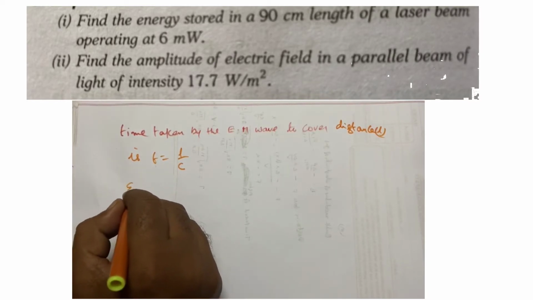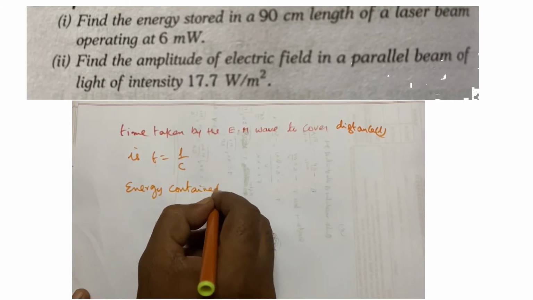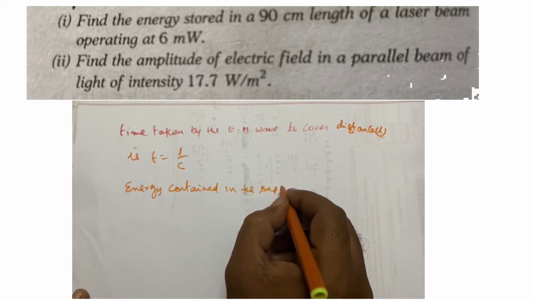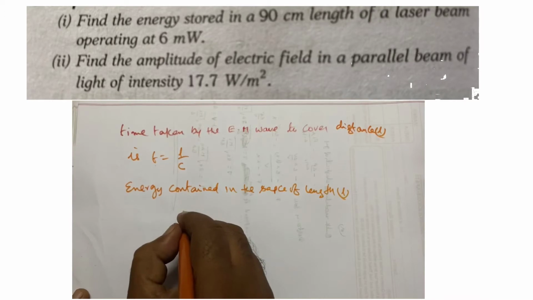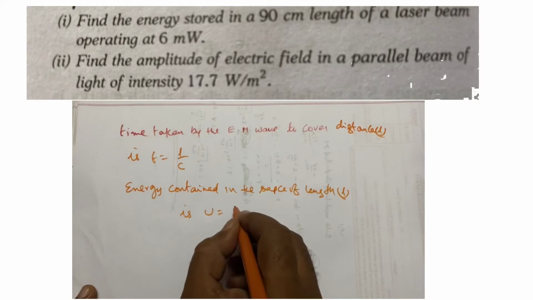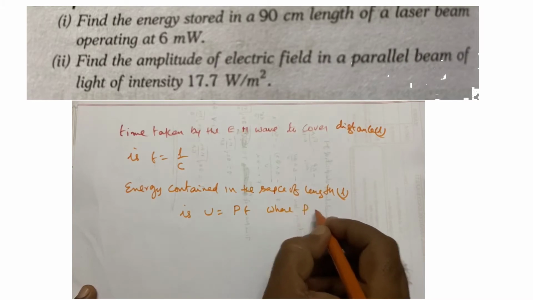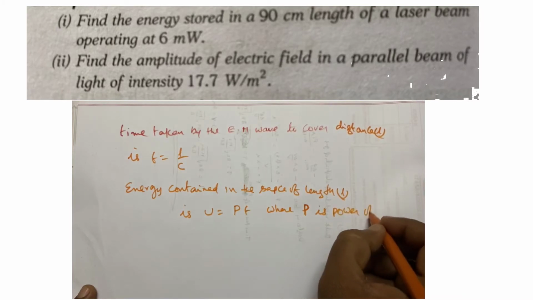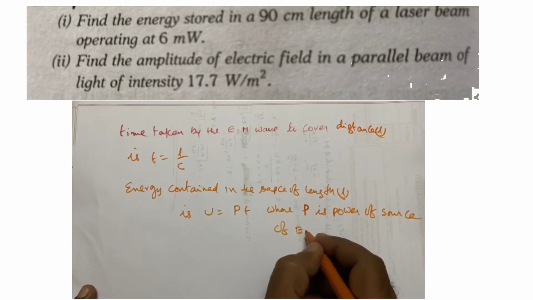Energy contained in the space of length L is U equals P into t, where P is the power of the source of the EM wave.